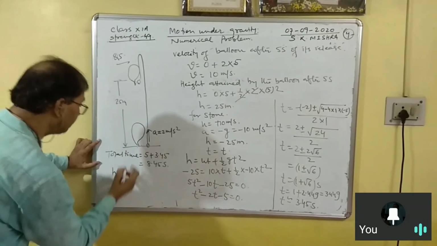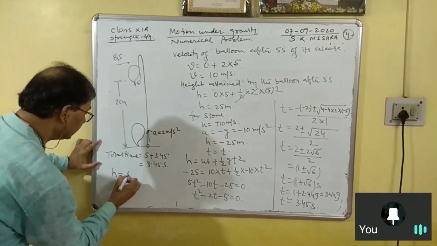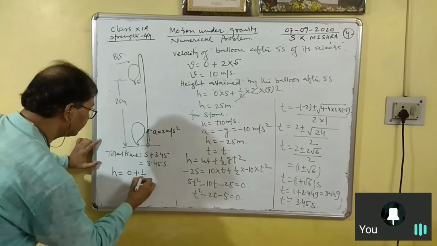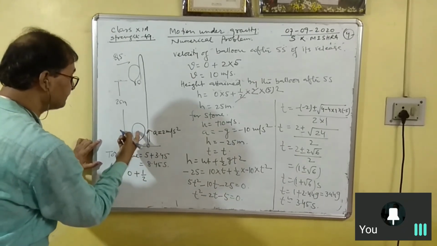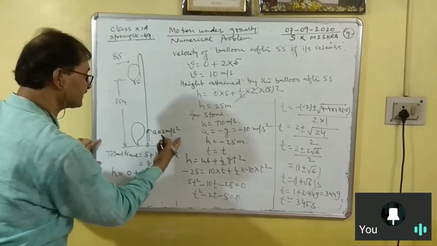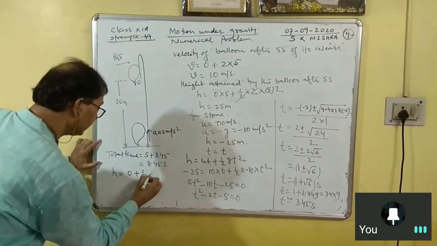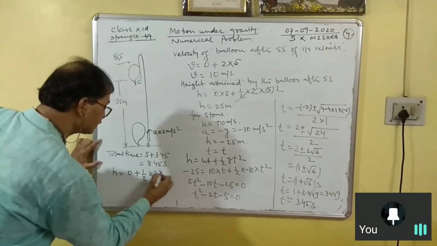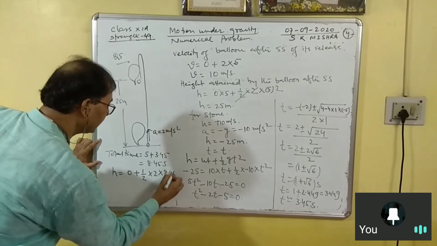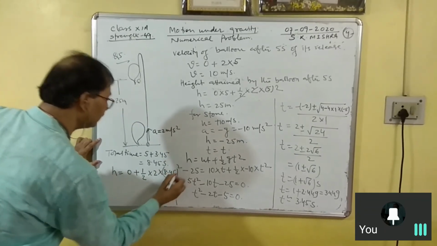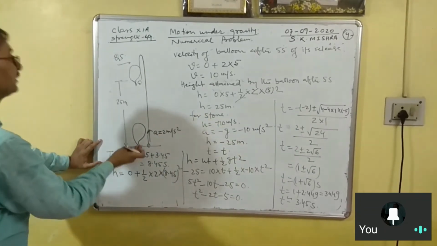The ut part is 0. Don't take g, because the balloon is ascending with its own acceleration, 2 meter per second square. So half into 2 into t square, 8.45 square. This will directly give you the value of h from the ground.